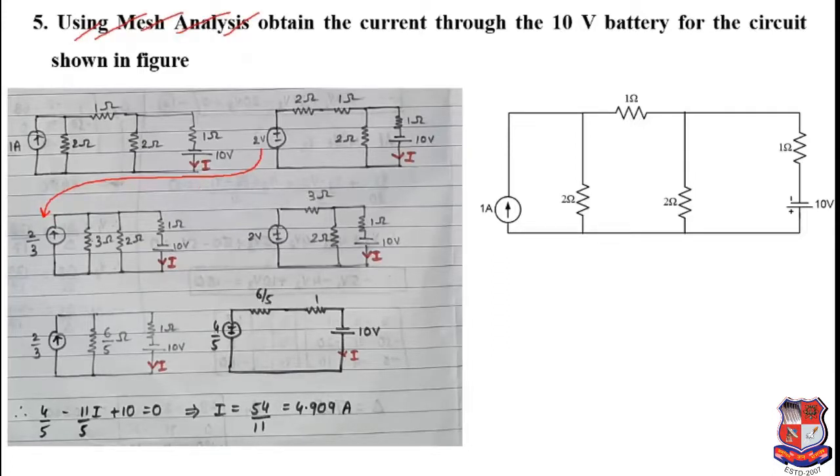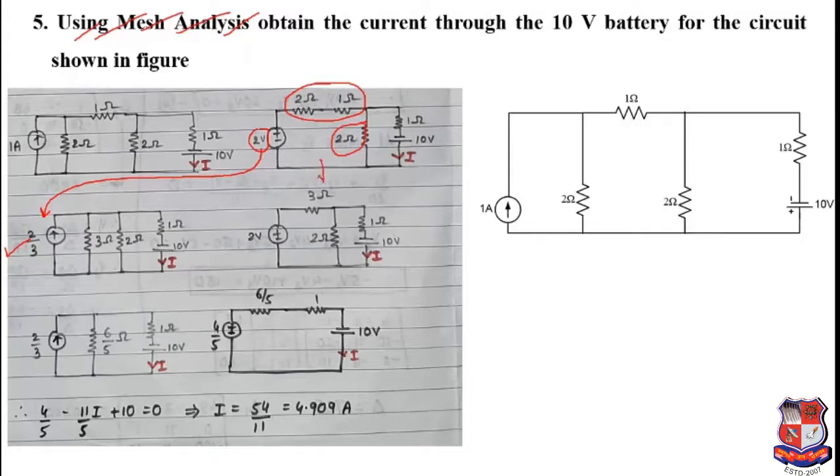How am I calculating this current value? It is V by R. So 2 volt divided by 3 ohm resistor, so it will be 2 by 3, and this equivalent 3 ohm will now be in parallel. And in parallel we already have this 2 ohms. So 3 ohms and 2 ohms are now in parallel. Now we need the equivalent of 3 ohm and 2 ohm.